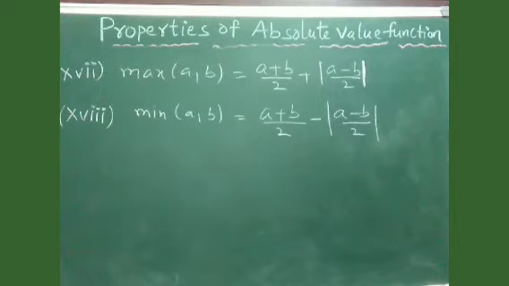Minimum of a comma b is equal to (a plus b) by 2 minus modulus of (a minus b) by 2. So using these properties, we are going to solve a few more problems now.